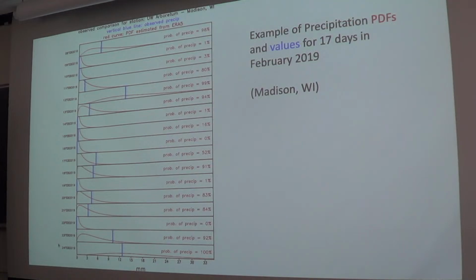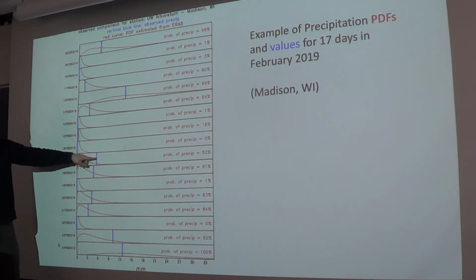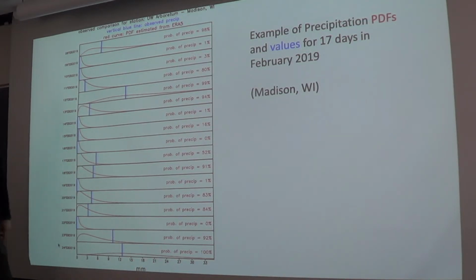And then you'll see some days where it rounds to 0 probability of precip, and it was 0, so that's good. But then you'll see other cases where, for example, this day's PDF is not as extended as far out as the next day's, but the actual precip was bigger on this day than here.